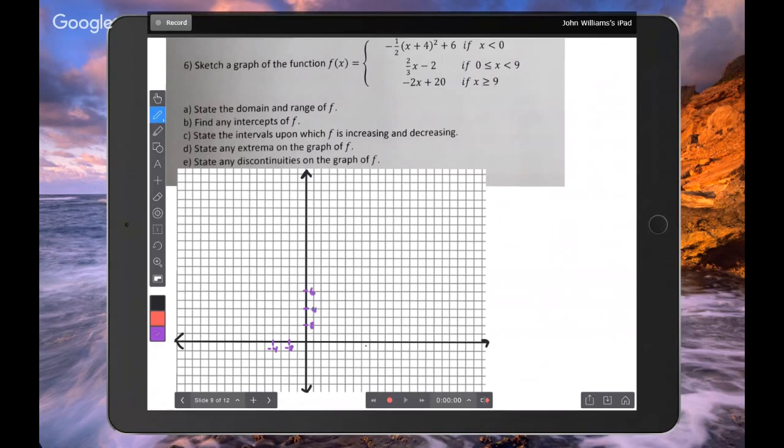So I know, because I know about how functions get moved, that this is the x squared function that has been moved to the left 4 and up 6. So I'm going to put here's my function, -4 up 6. But other than that, oh, it's also going down, and it has been dilated by a factor of 1/2.